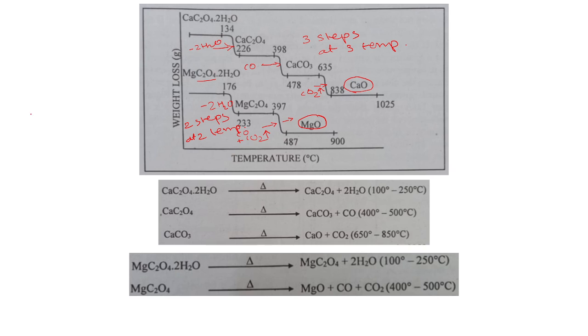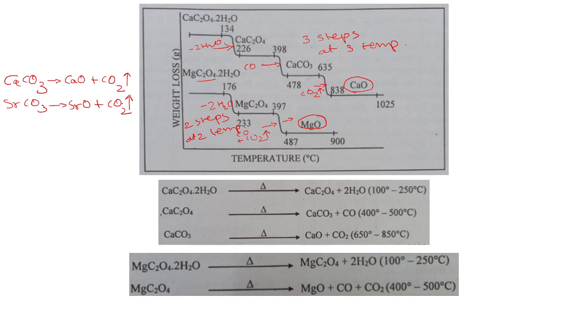So here I will write calcium carbonate and strontium carbonate, both decompose to their oxides like this. This is also decomposing to strontium oxide plus carbon dioxide. Both are evolving these gases.